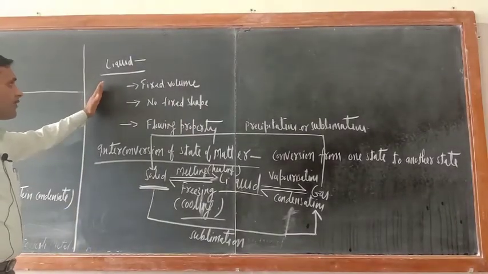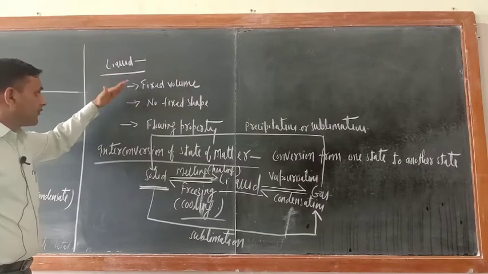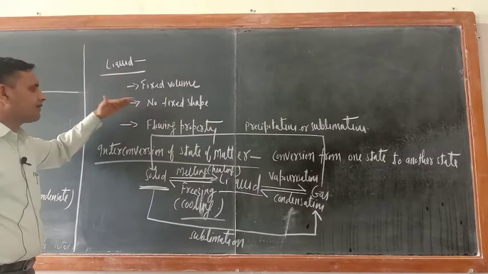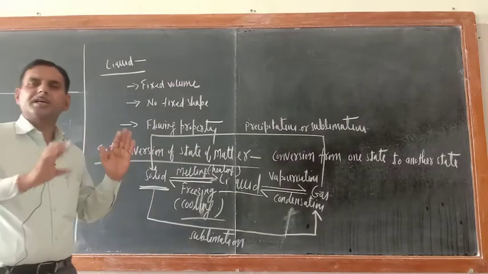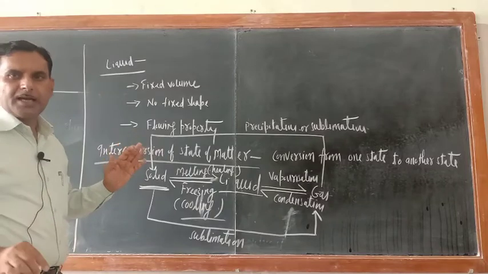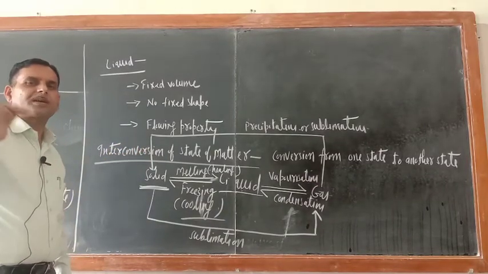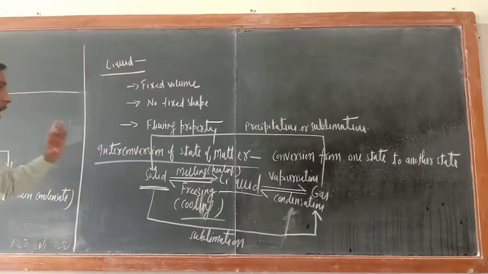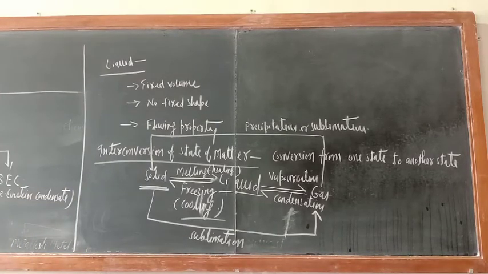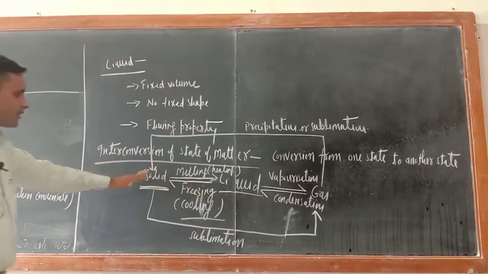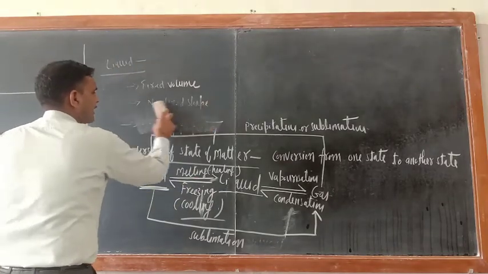So the property of liquid is fixed volume but no fixed shape, and flowing property. Interparticle attractive force lies in between solid and gas, which means it is weaker than solid but stronger than gas. Now let us have some idea about the gas also.